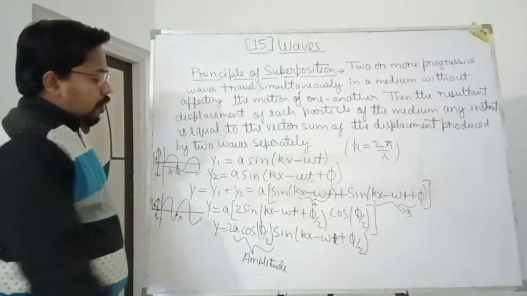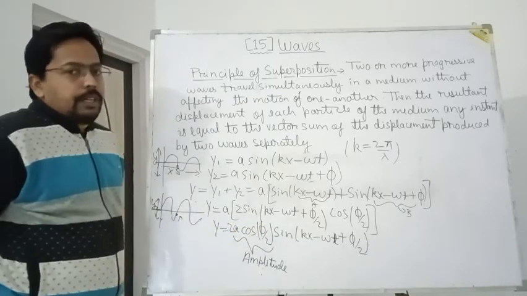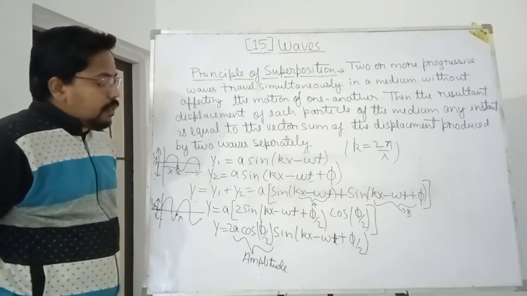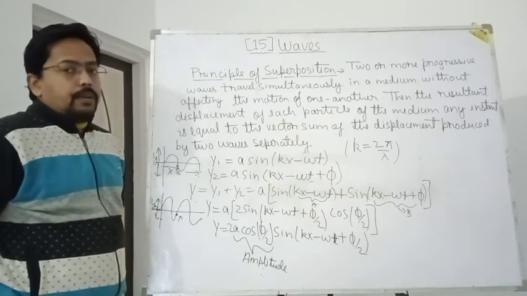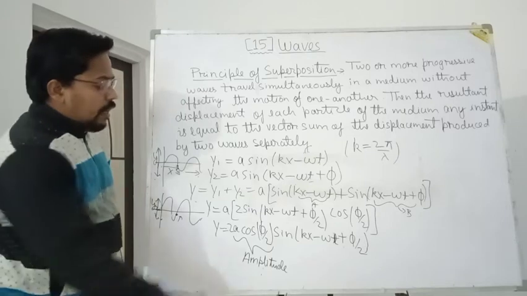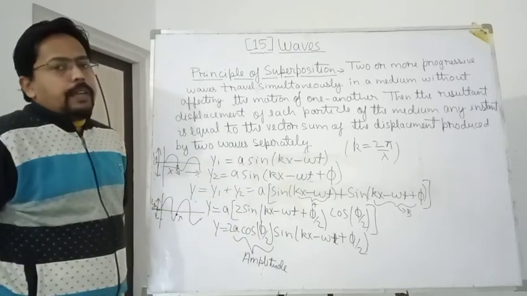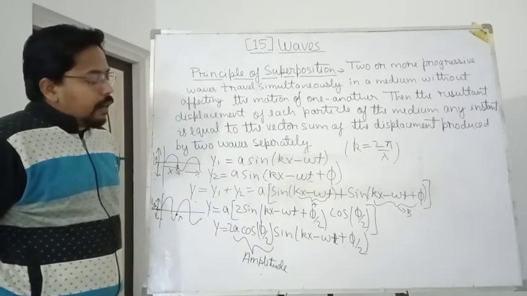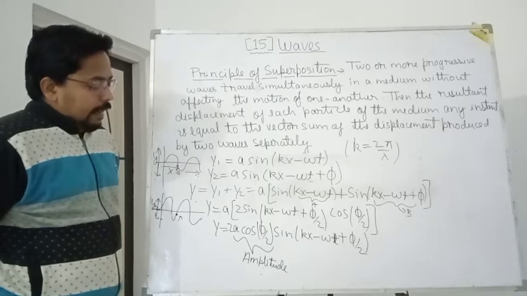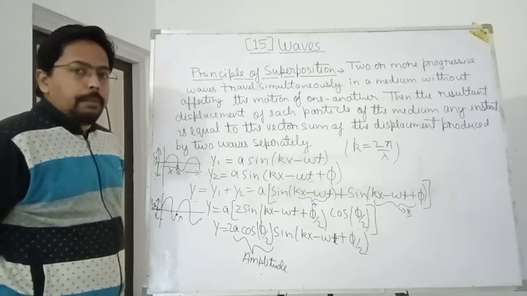So if the value of phi changes, the value of this displacement equation will also change. That means the value of this entire amplitude will change. So when will the particle have the maximum amplitude?